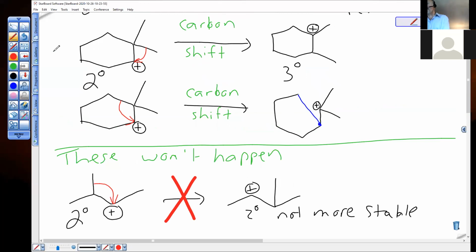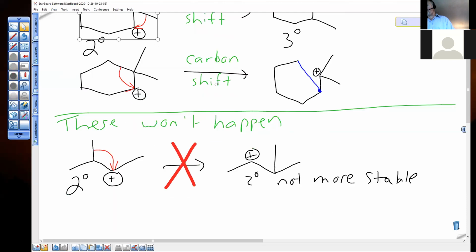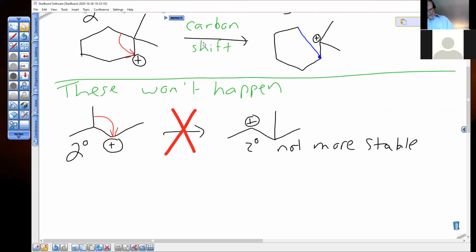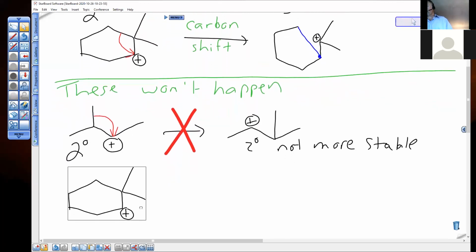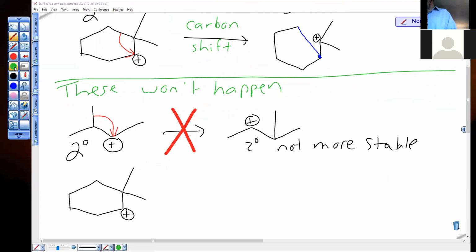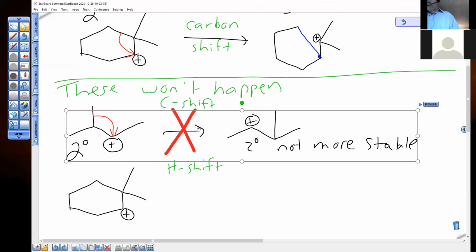Similarly, let's take this carbocation and try an H shift on it. Oh, where is it? It's here. C shift, top one. Oh, that's big. And the bottom one won't have an H shift happen. Same reasoning.